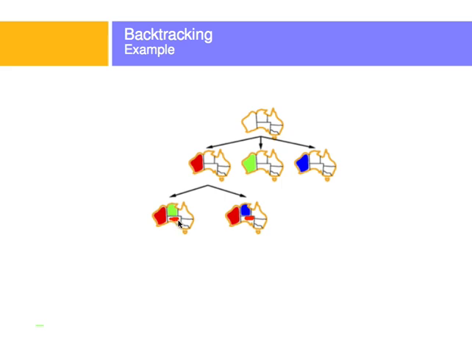If this cannot be green, cannot be red, there's only one color for this state, where there are two colors for this other state. In the case that it's green, this one can be blue or red, but this one has only one possible assignment. Perhaps we want to just assign this one and then continue. That way, the tree is going to do a lot fewer backtracks in the future.